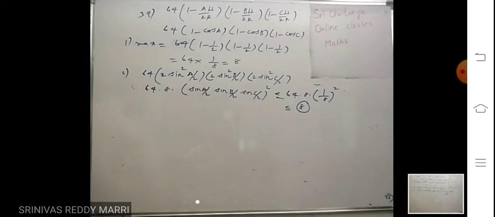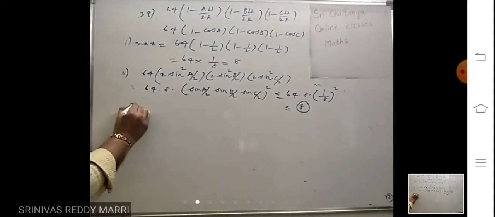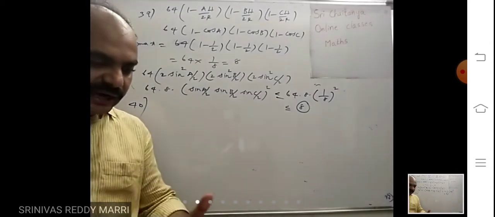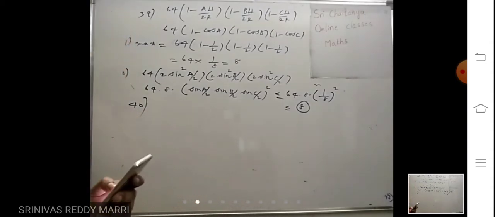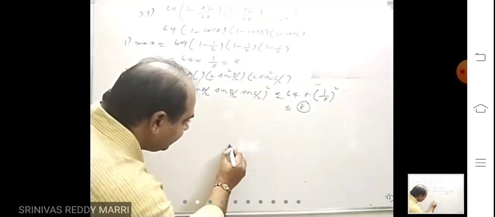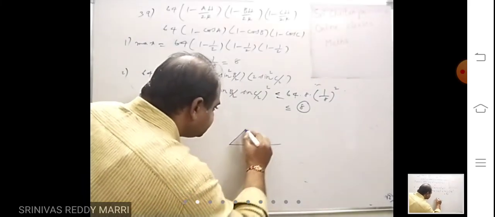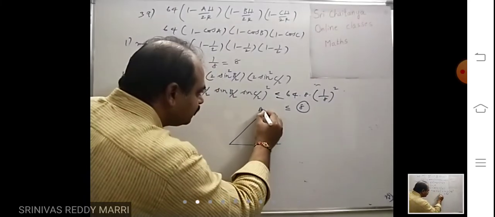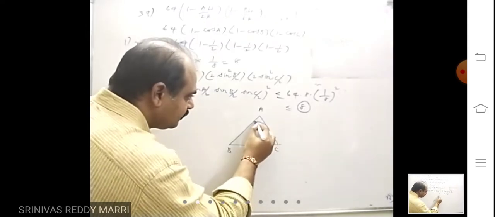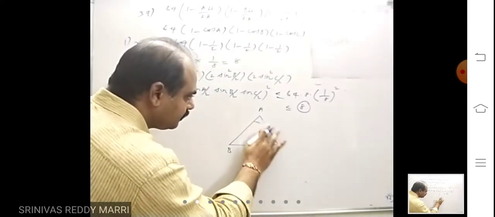Next, look at question 40. What he is telling is, if the incircle of triangle ABC passes through its circumcenter. Look at this application. Look, I am drawing the incircle; now you will get an idea of what he is asking.